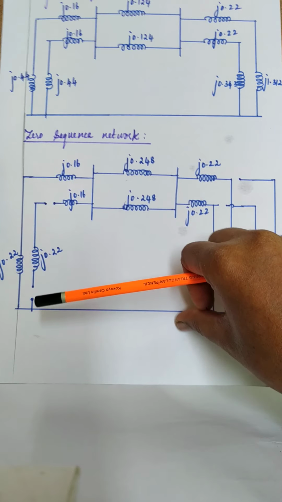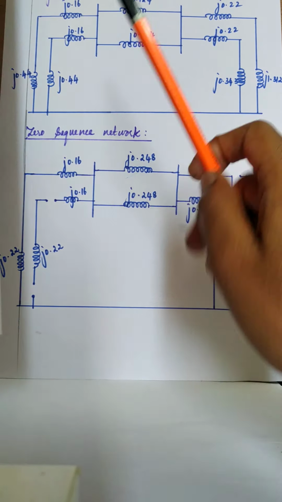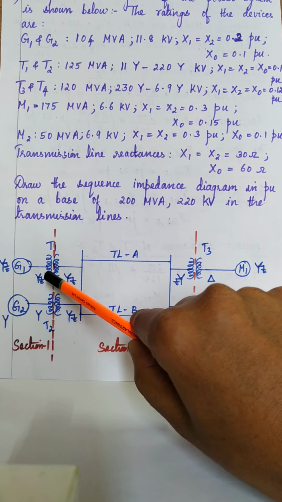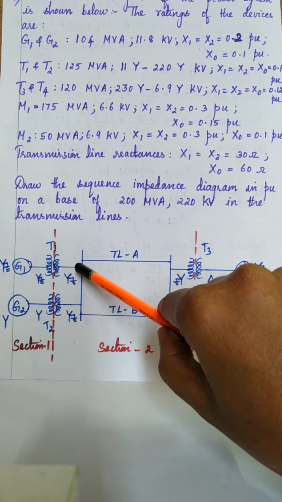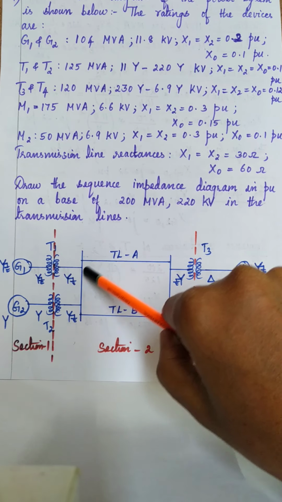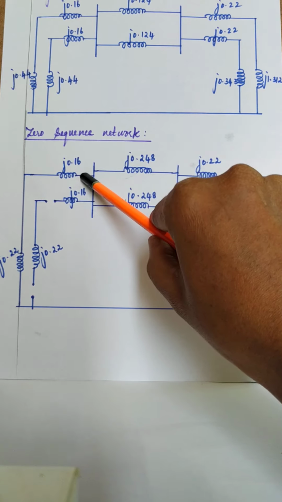Now coming to T1 and T2. Look at the configuration of both primary and secondary. T1 is star-star; forget about the shunt switches. With neutral solidly grounded, both the series switches on either side should be closed.